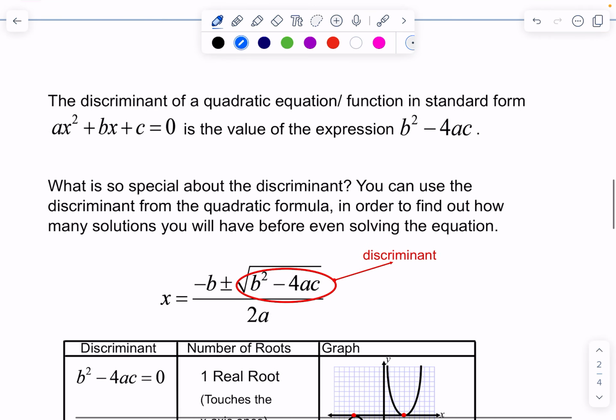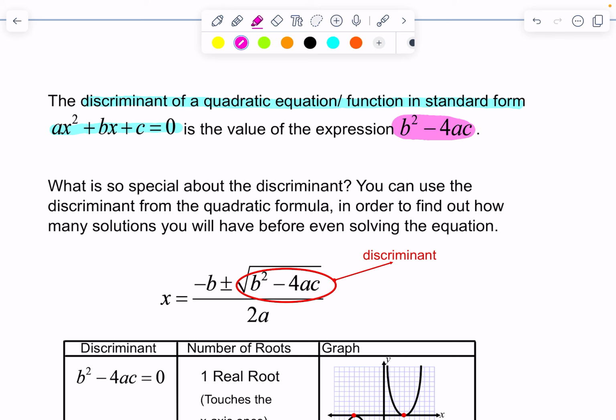Okay. Now, the discriminant of a quadratic equation or function in standard form, ax squared plus bx plus c equals 0, is the value of the expression b squared minus 4ac. What is so special about the discriminant?